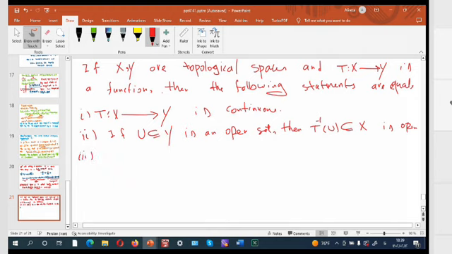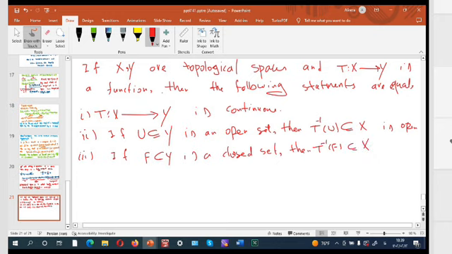And also three, if F, for example, is a closed subset of Y, then the inverse image of F is a closed subset of X. Okay? These three statements are equivalent, and you know this proposition.